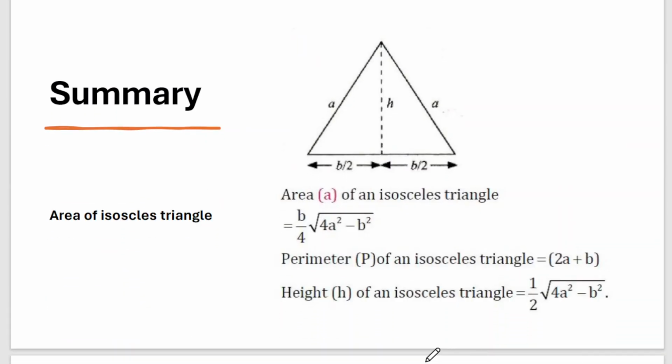Next, area of isosceles triangle. Area of isosceles triangle was b by 4 under root 4a square minus b square. What was our a and what was our b? a was our equal sides, the length of equal sides. Okay, a is nothing but the length of equal sides.